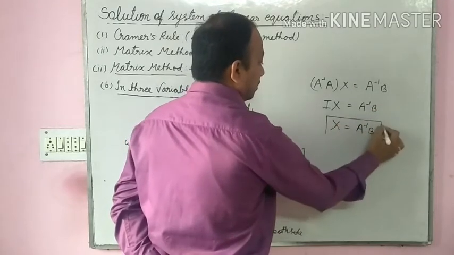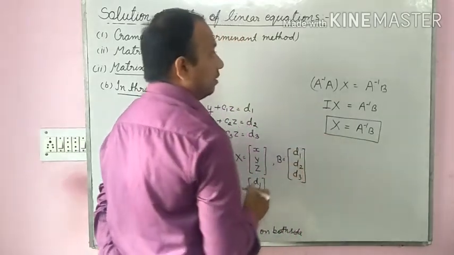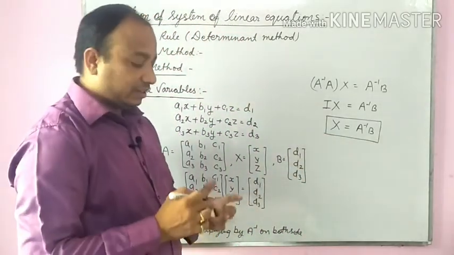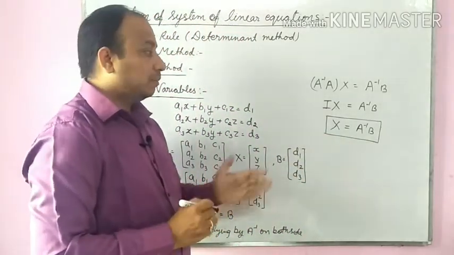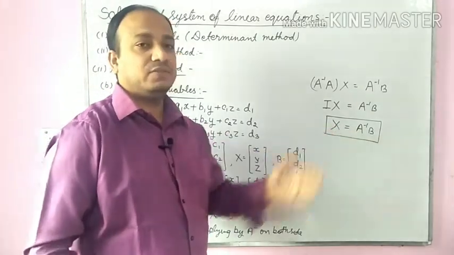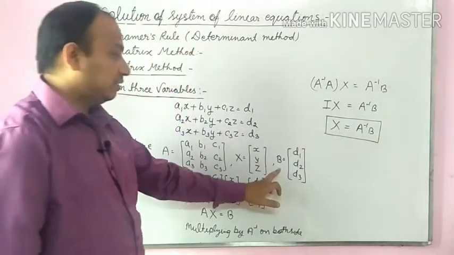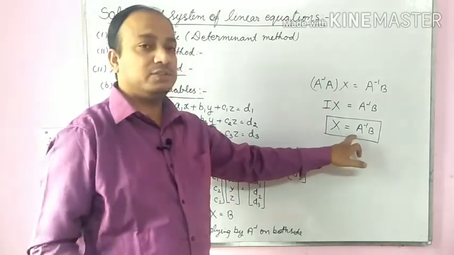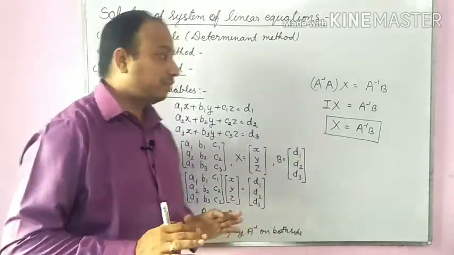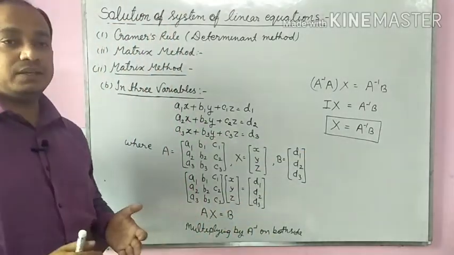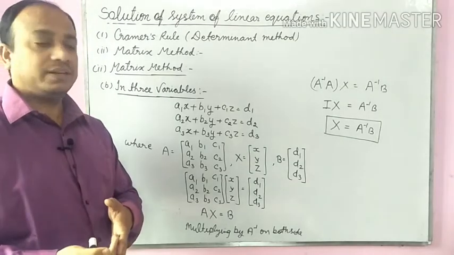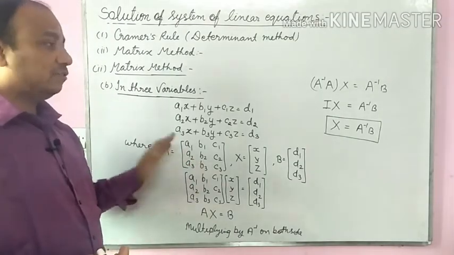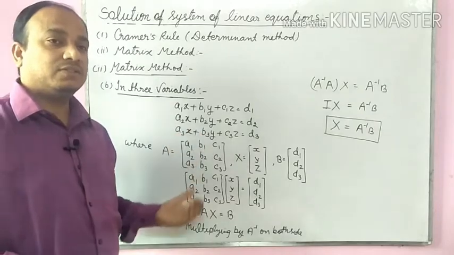Okay, so this formula is formed by solving the linear equations in 3 variables or 2 variables, using the formula X equals A inverse B. Matrix B is given in the question, but A inverse is not given, but we know very well how A inverse is found or calculated. Matrix A is given, so first of all we find the inverse of this matrix.